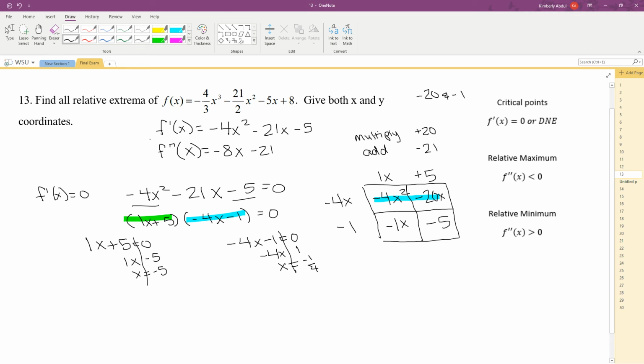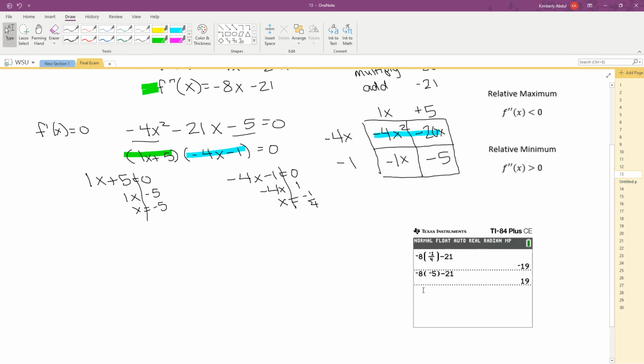So now I can use the second derivative test to figure out if these points are actually maximums or minimums. So here's what I would do. I'm going to plug in each of these values into this second derivative here. And for time, I'm just going to pull over what the calculator said. When I plug in negative 1/4 into this function, I'm going to get negative 19.